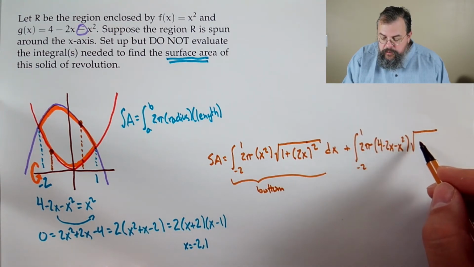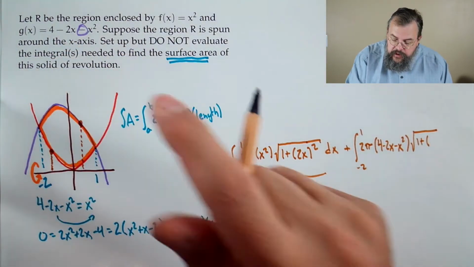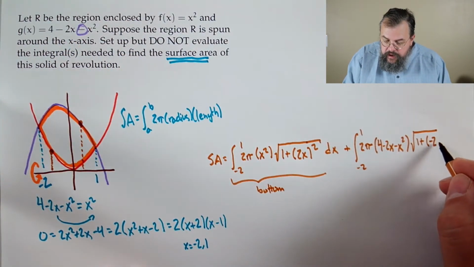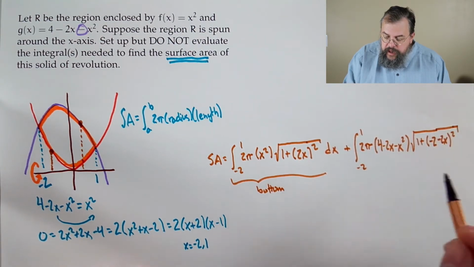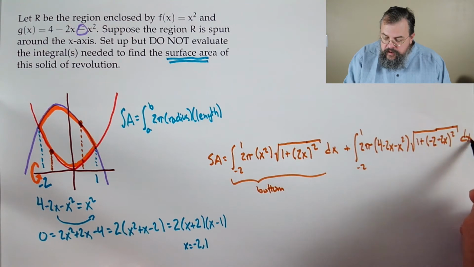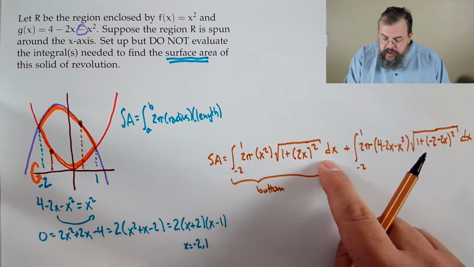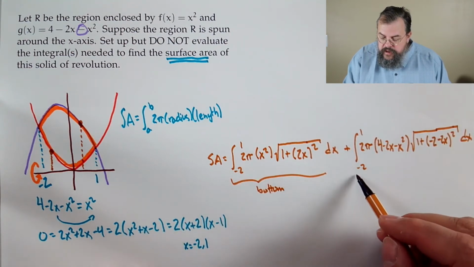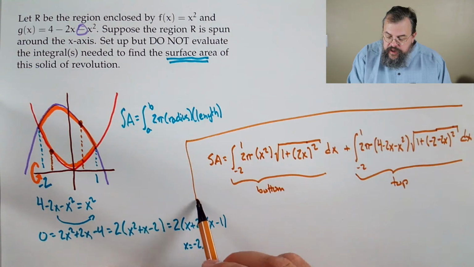Square root of 1 plus our derivative, so minus 2 minus 2x, squared, and dx. 2 pi radius length. There's our bottom. There's our top. And now we've set it up.